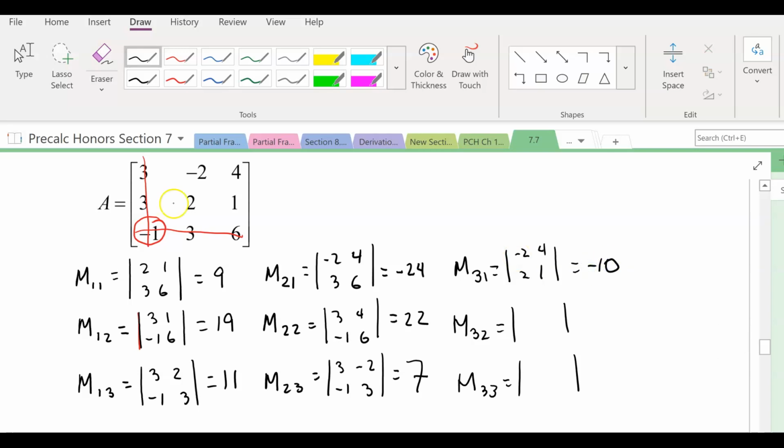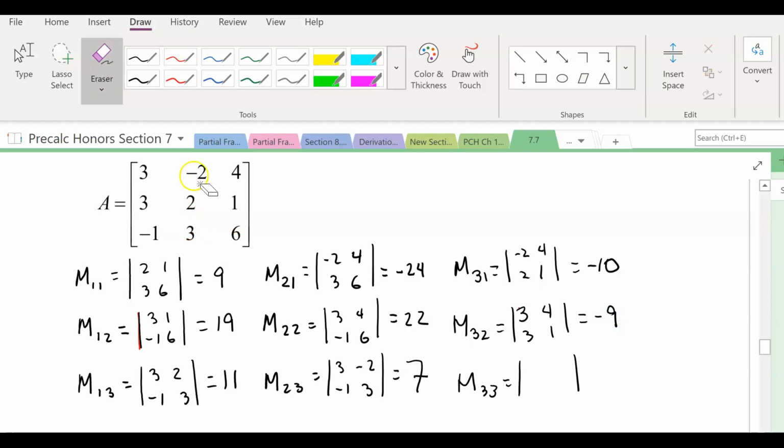And then for 3, 2, that's this entry, so we'll cross those out. And I've got 3, 4, 3, 1. That's 3 minus 12, which is negative 9.